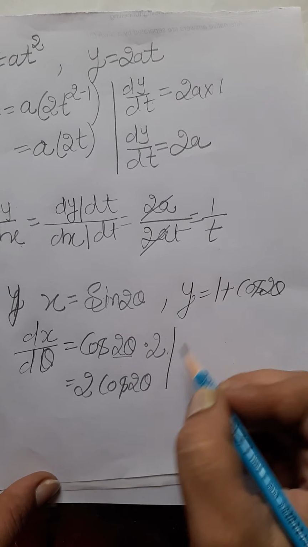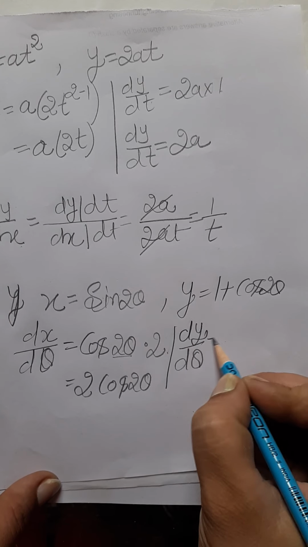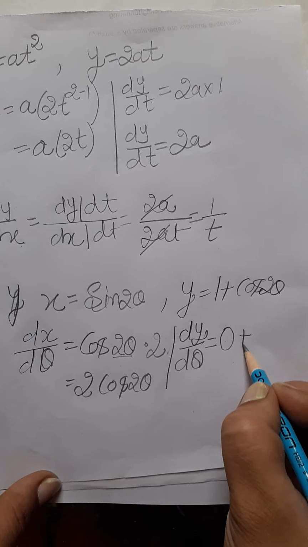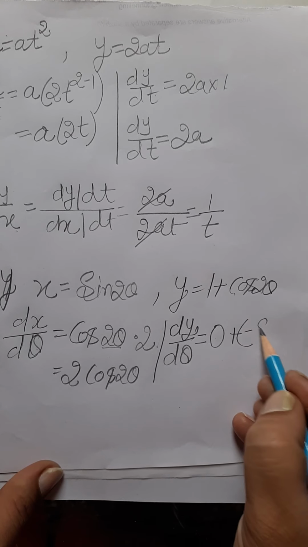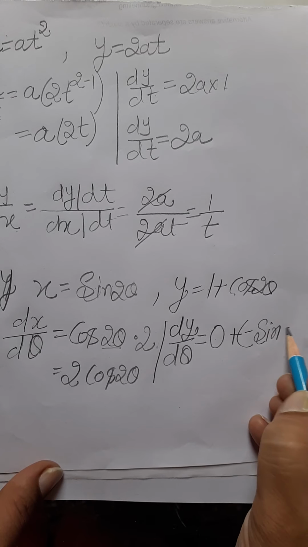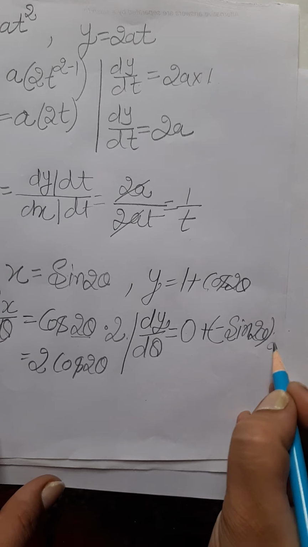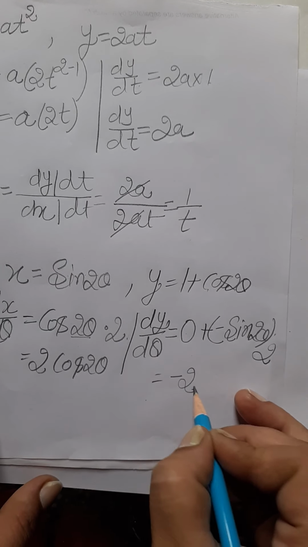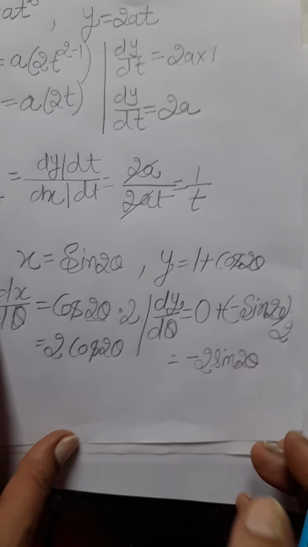Now, if we take the derivative of y with respect to θ, the derivative of 1 is 0 and the derivative of cos 2θ is minus sin 2θ, and the derivative of 2θ is again 2. Then we get the answer minus 2 sin 2θ.